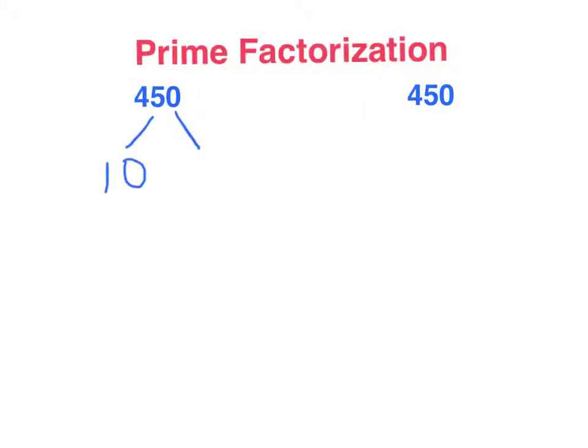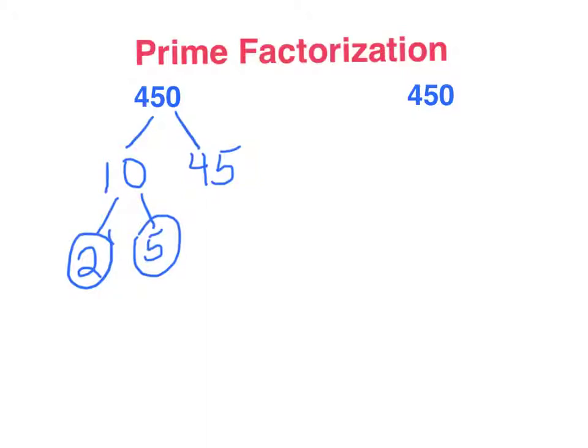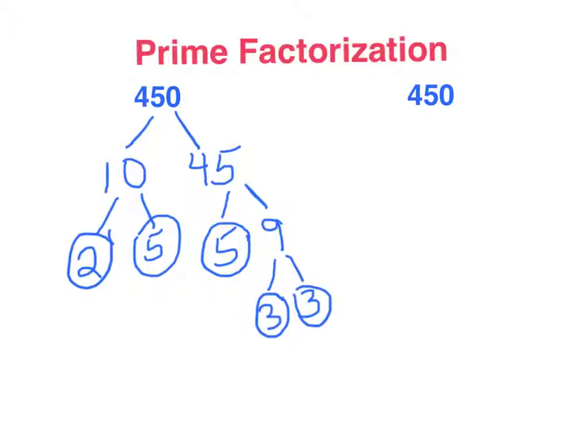And so I can start with 10 and 45 as my first factors. 10 factors into 2 and 5, both of which are prime, so I'm going to circle them. 45 factors into 5 and 9. 5 is prime, but 9 will actually factor again into 3 and 3. And so I get the prime factorization to be 2 times 5 squared times 3 squared.